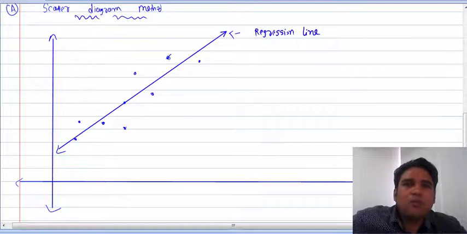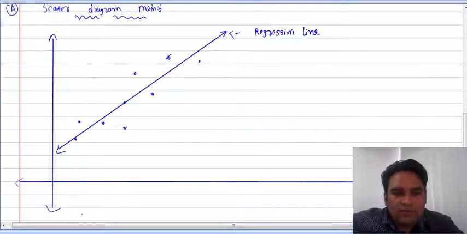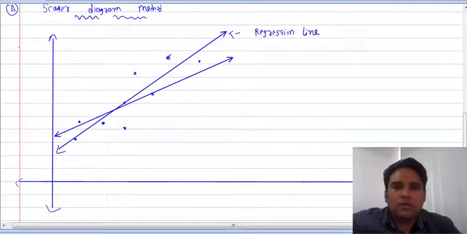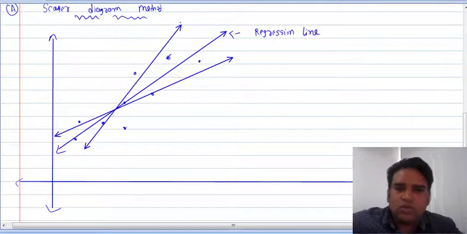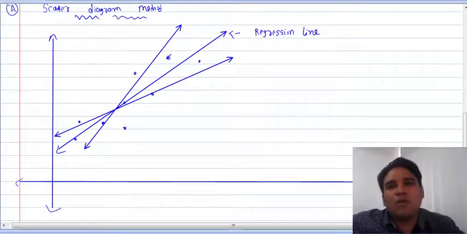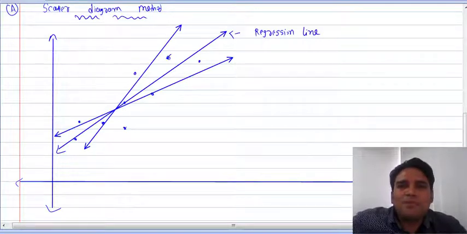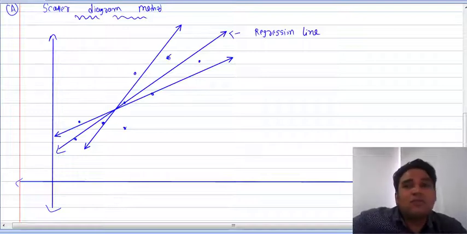Now this method is not reliable. Why? Because everyone can draw a different regression line. Some person might draw like this also, and this is also a regression line. So everyone will get different estimates, and this is not reliable.